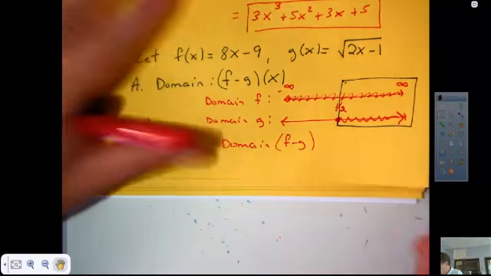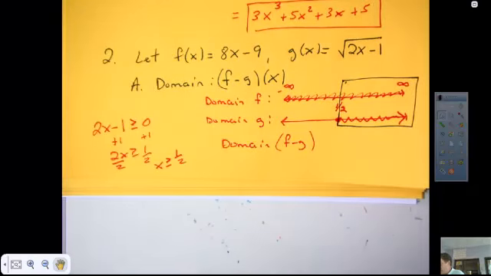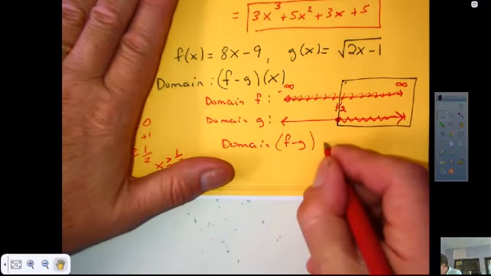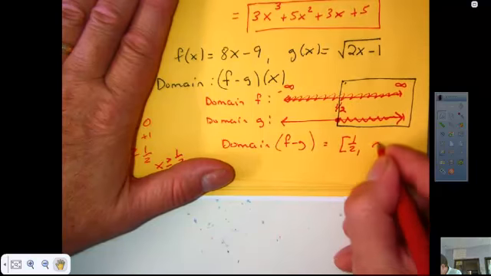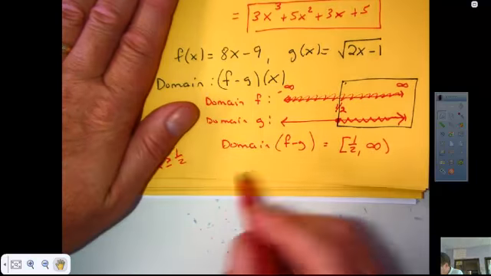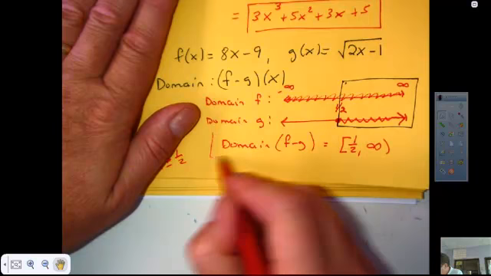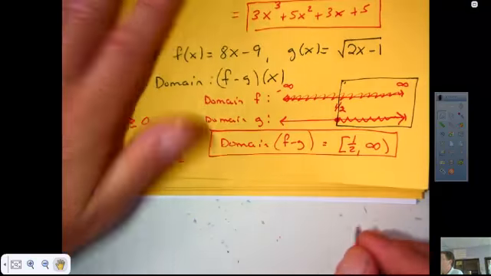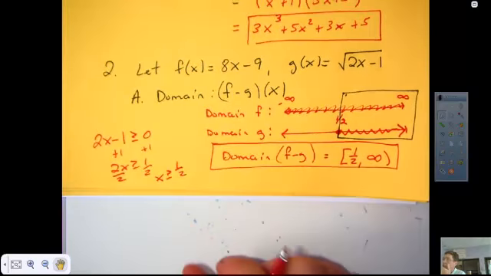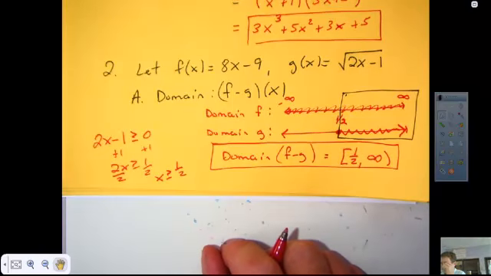In interval notation, we would write this from square bracket, a half, to infinity.